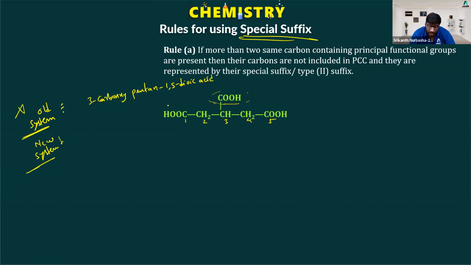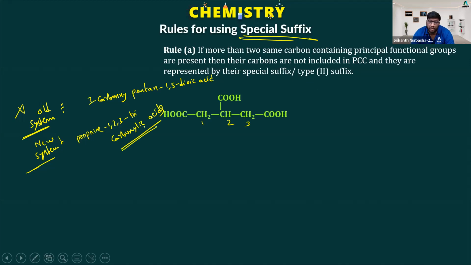In the new system, for COOH, CH2, CHCOOH, CH2COOH, we have to just consider the carbon atoms which are not containing COOH groups, like 1, 2, 3. So that is propane, and in the first, second, and third we have the carboxylic acid group COOH. So propane-1,2,3-tricarboxylic acid.